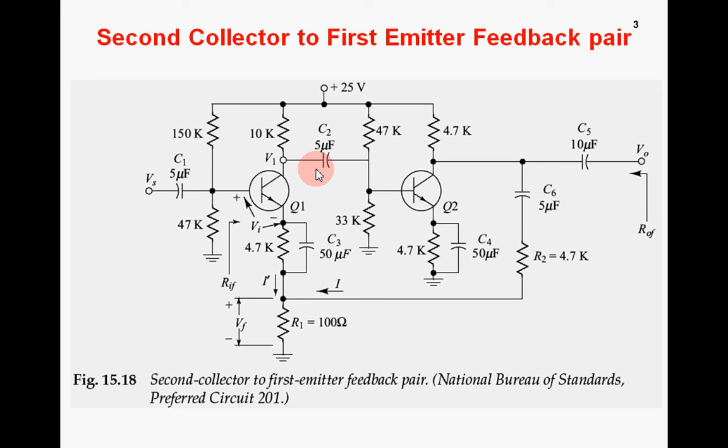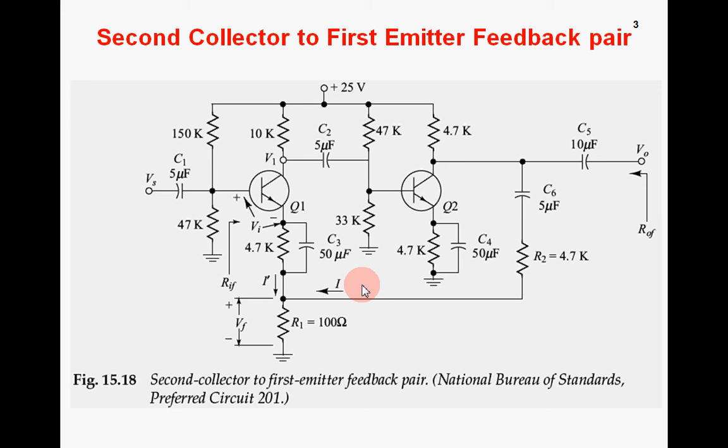Now for this amplifier, the voltage gain AVF, meaning the gain with feedback, is given approximately by the equation that we have just now derived, that is AVF equal to (R1 plus R2) divided by R1, which is approximately equal to 1 by beta. See into your notes.